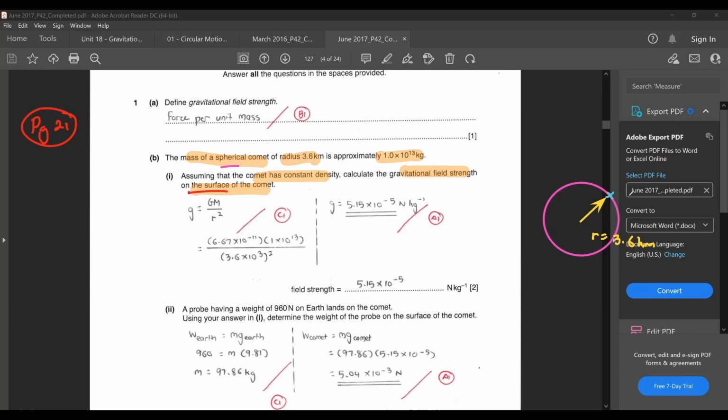So this one, they want to find out what is the g. Now, when it comes to your gravitational field strength, you've learned from your notes that you can have two equations. Either it's Fg over m, or it is GM over r squared.